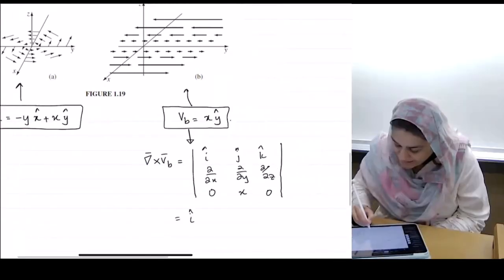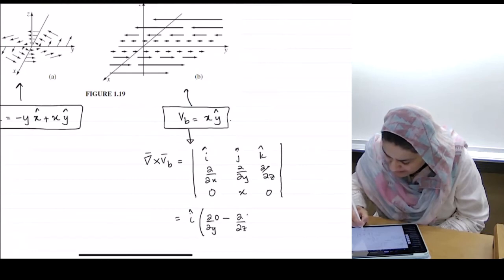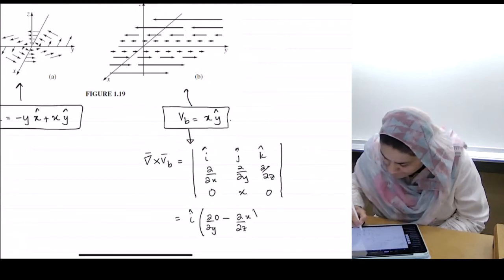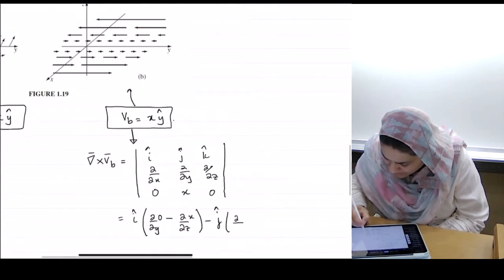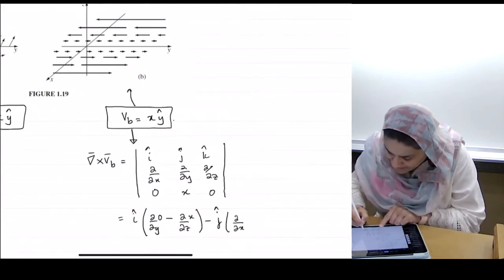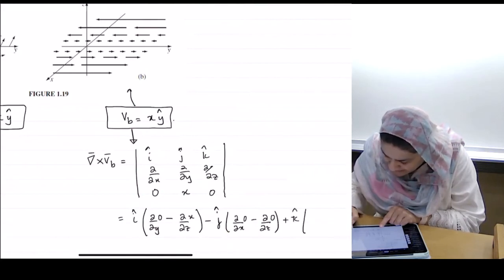So I do i hat partial over partial y of 0 minus partial over partial z of x, minus j hat partial over partial x of 0 minus partial over partial z of 0, plus k hat partial over partial x of x minus partial 0 over partial y.